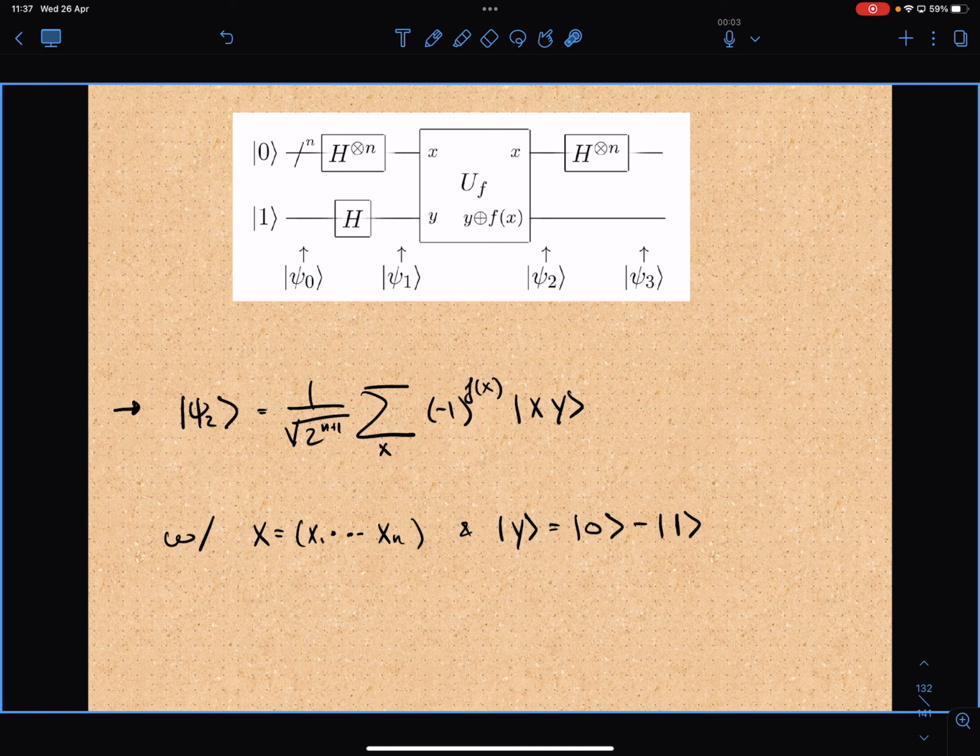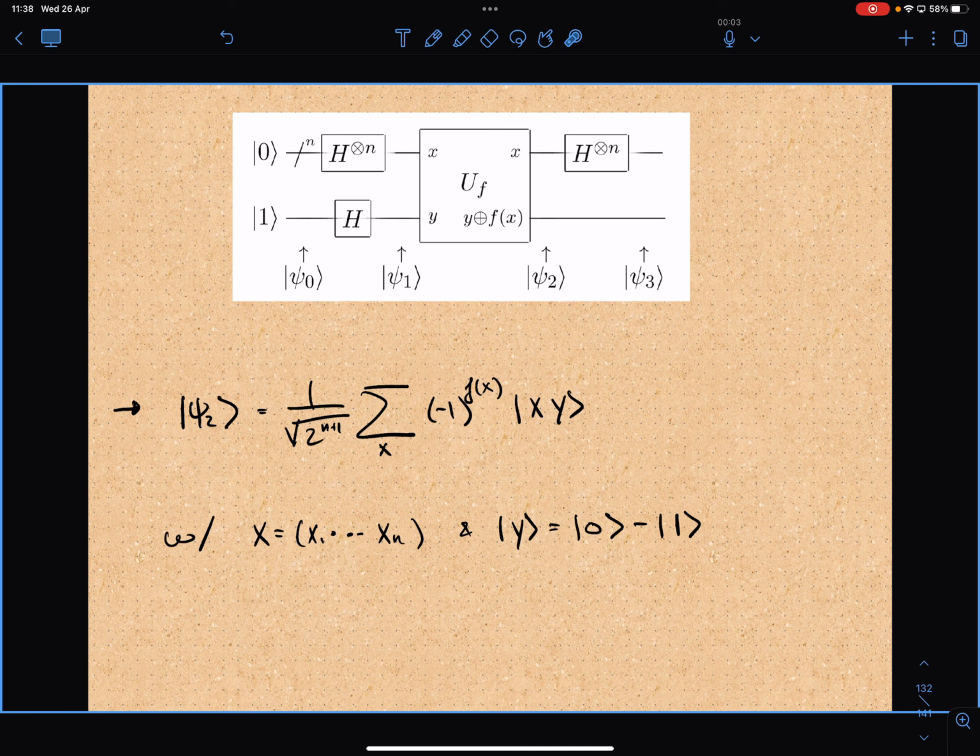And now what if it was balanced, meaning that it could be plus or minus 1? Then in that case, half the states are going to have phase minus 1, and half the other states are going to have phase plus 1. So the phases are going to start flipping. That's going to create a different type of state, and that's what we're going to exploit.